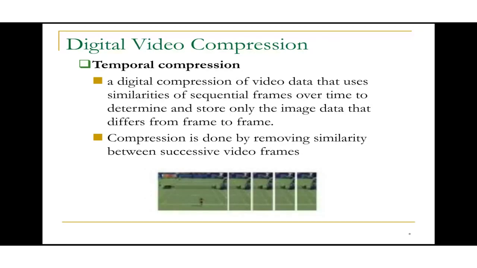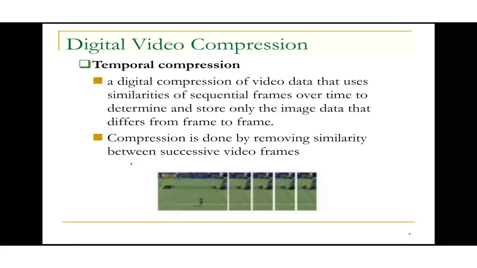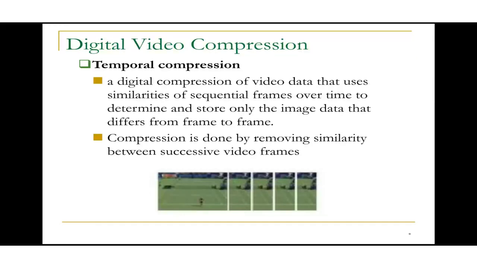So temporal compression is just removing similarities. What you do is store a main image which you use to display the other images. So you only store one image. Let's say, for example, 30 frames per second.